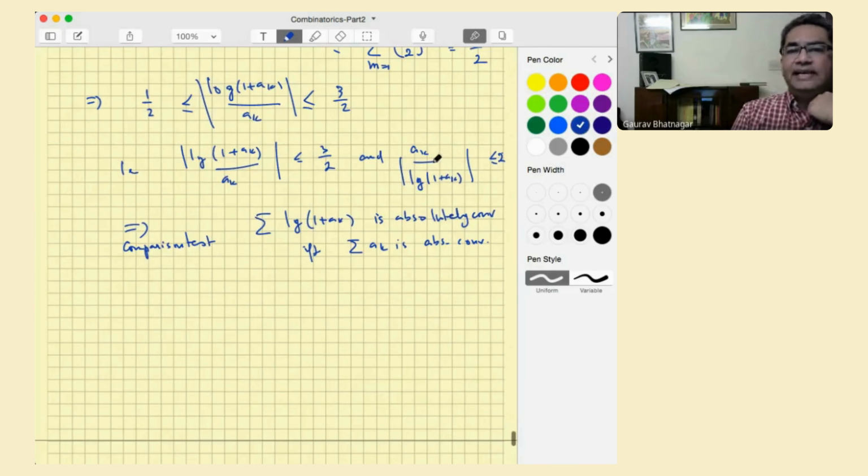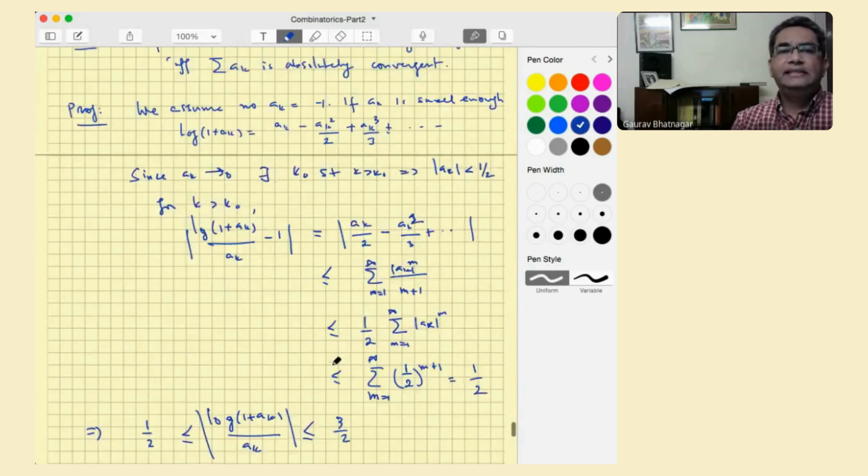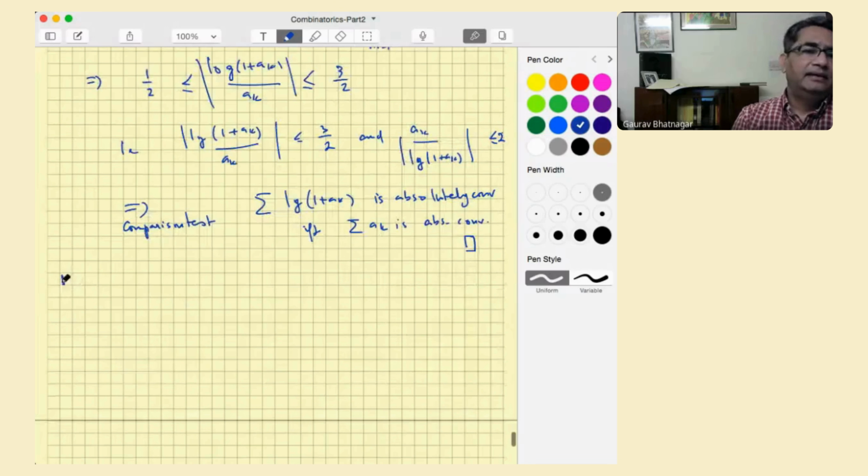So the second one, if we use this one, we'll know that if this is convergent, then this is convergent. If we use this one, we'll know that if this is convergent, then that is convergent. So yeah, both of them are. Any questions on this? So this is a nice test, and in particular, what we are mostly interested in is this guy.